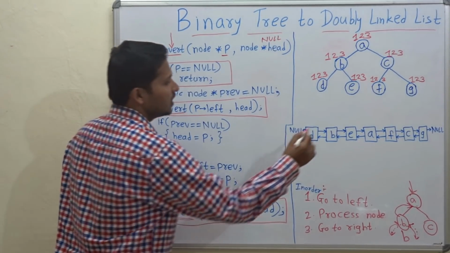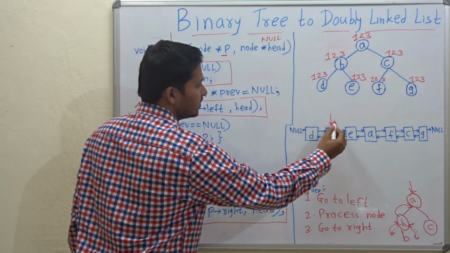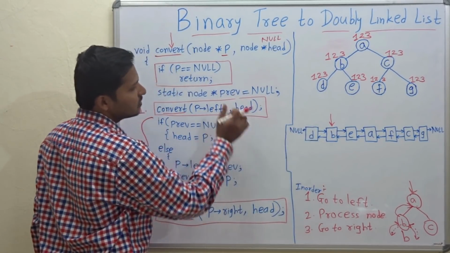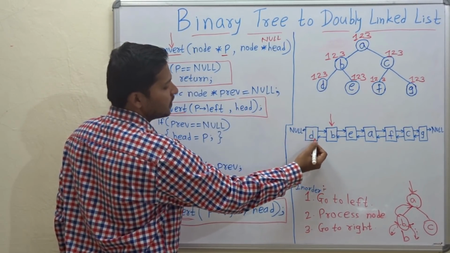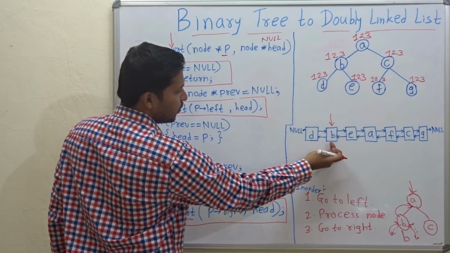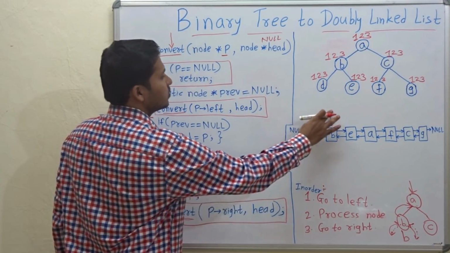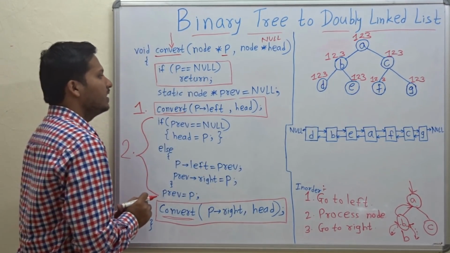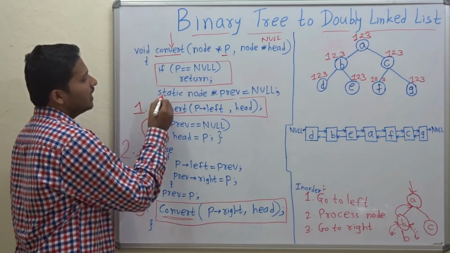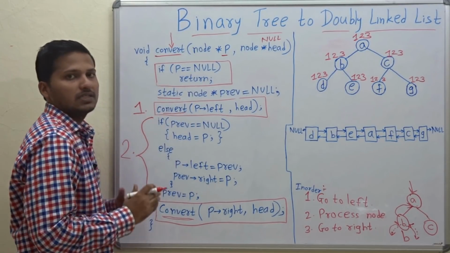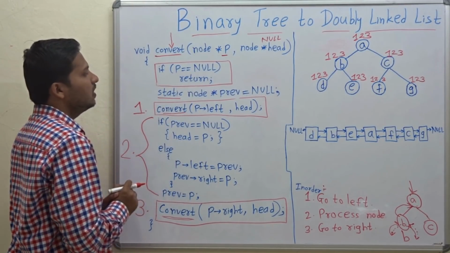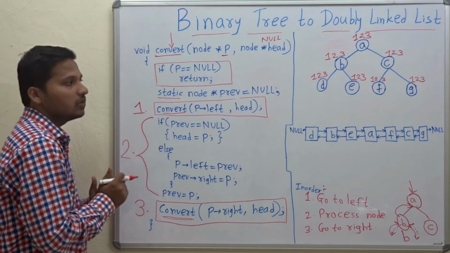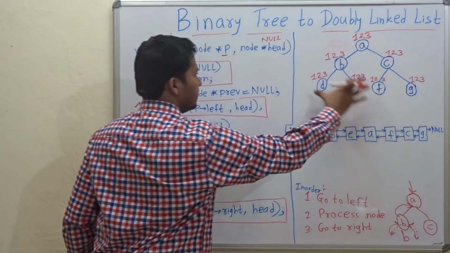Whenever we are at a node, suppose now we are at node B, then the previous node points to node D, that is the previous of B. The reason why it is static is that we want only a single copy of this variable for the whole recursion tree.